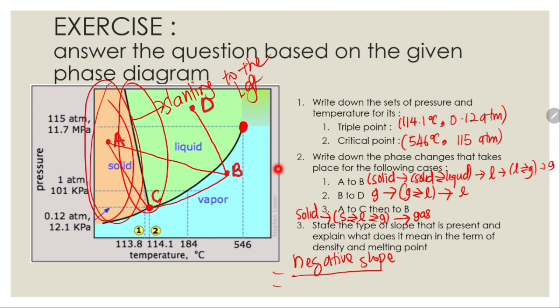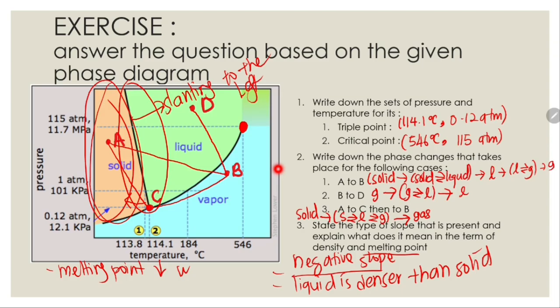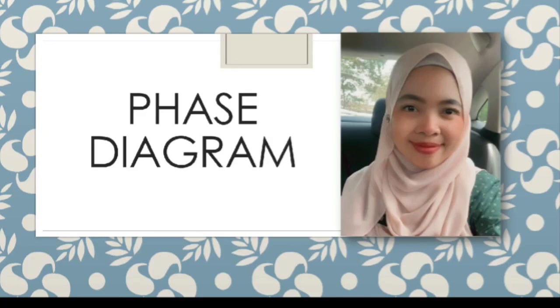That means in terms of density, liquid is denser than solid. In terms of melting point, it's slanting to the left, so the temperature decreases as the pressure increases. So the melting point decreases with increasing pressure.